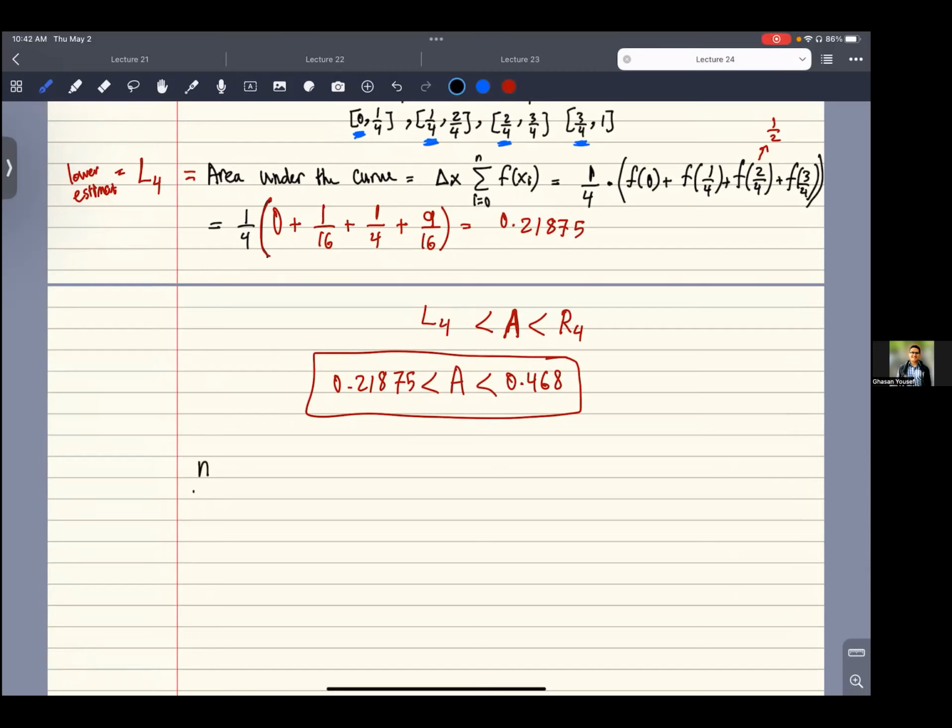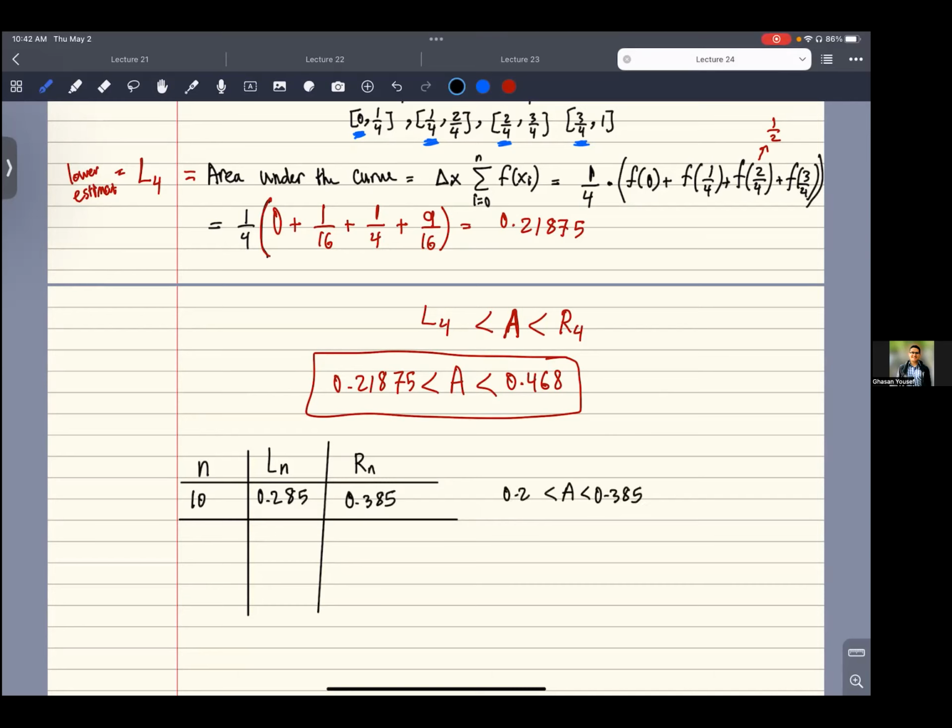If n equals, for example, 10, using the computer, the lower estimate L10 will be 0.285, and the upper estimate will be 0.385. So the area will be between 0.285 and 0.385.